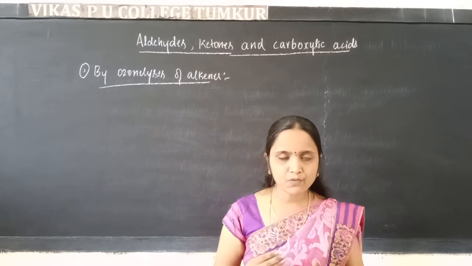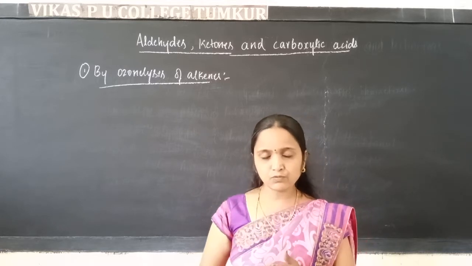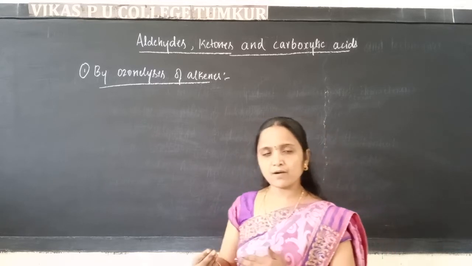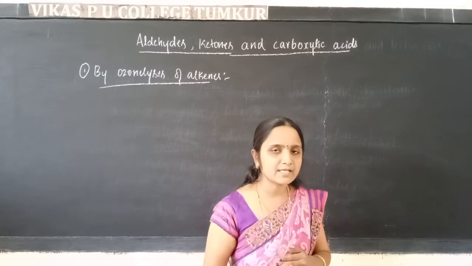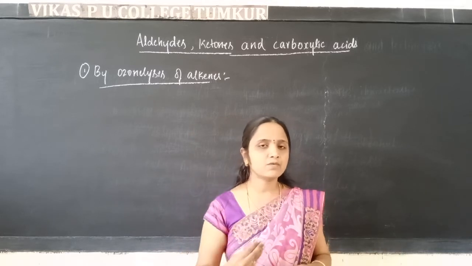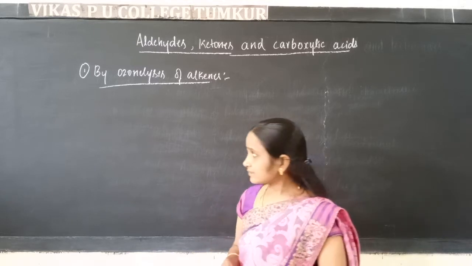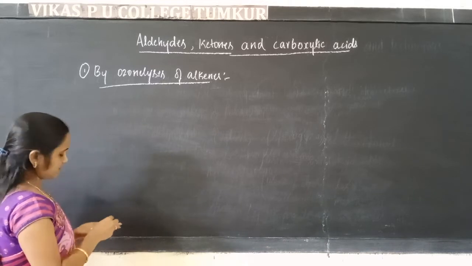This hydrogen peroxide is a good oxidizing agent. Therefore, the formed carbonyl compounds, aldehyde or ketone, would get converted into carboxylic acid. To prevent this, we use zinc. That is the ozonolysis of alkenes.